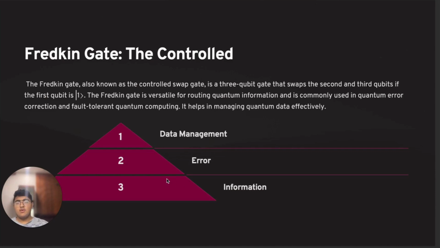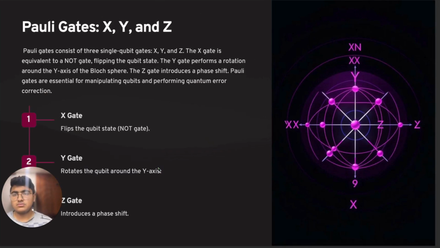Next we have the Pauli X, Y and Z gates. The Pauli gates form a basic toolkit for quantum state manipulation.